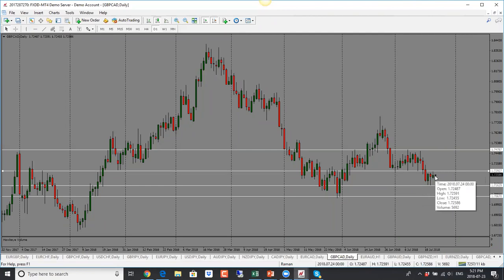So I would look for price to pull back into that level, and then look for a potential opportunity to bring it down like this. So that will be my bias, looking for a bit of a push up and then a drop in Pound CAD.